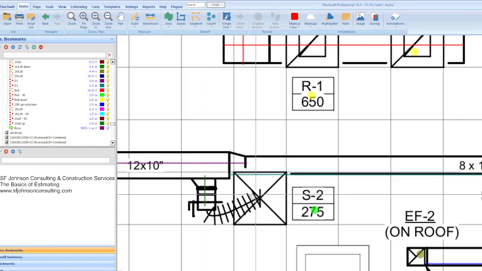So you want to choose from your cost book this type, whatever S2 is. That'll give us the size, whatever, and the neck size and the size of the grill from the schedule.